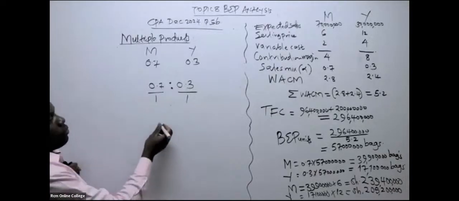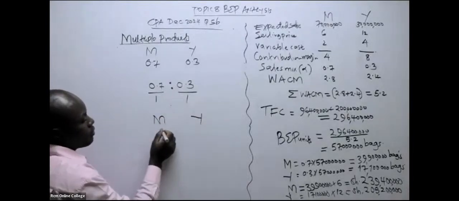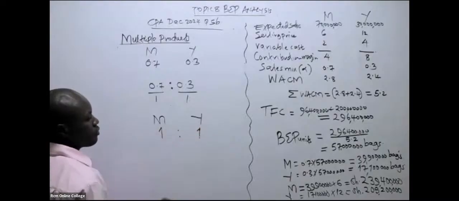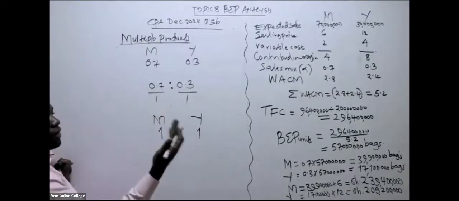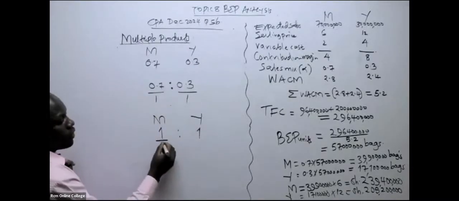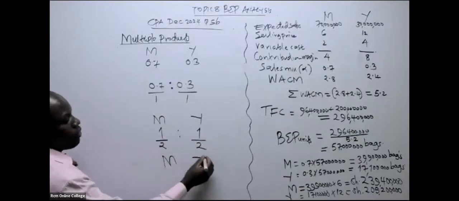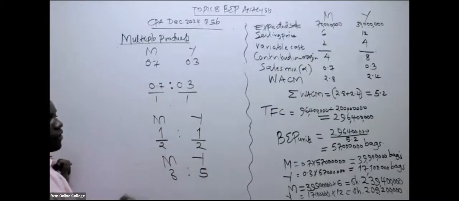What if I'm given now the proportion, that is the ratio M to Y is 1:1? What will be the proportion? If that is the case, add the 2. When I add the 2, what will I have? 2. So it is 1/2, 1/2. What if M is to Y is given as 3:5? Add these 2, what will it give you? 8.